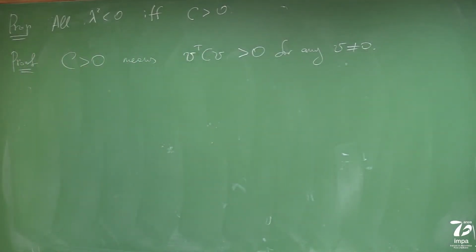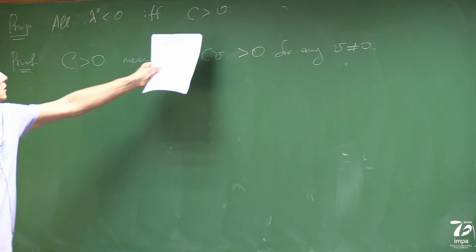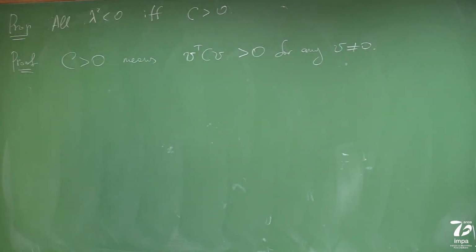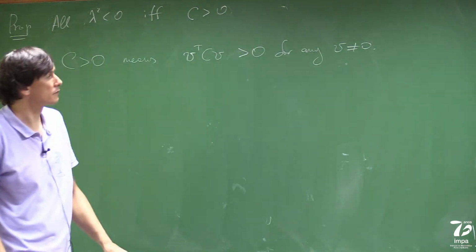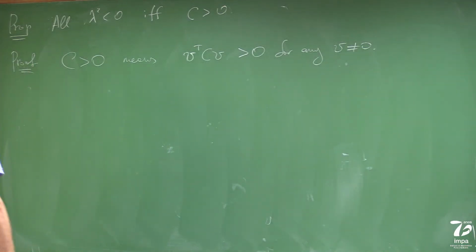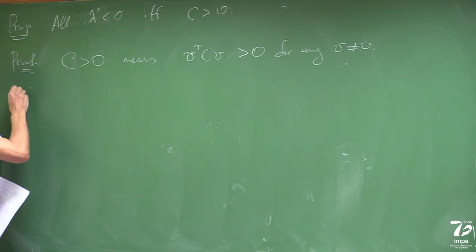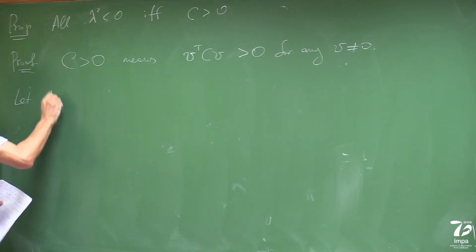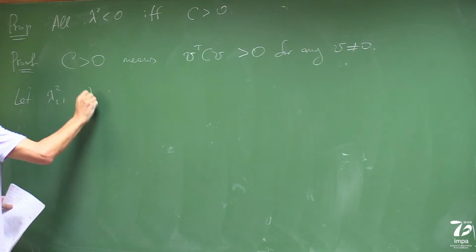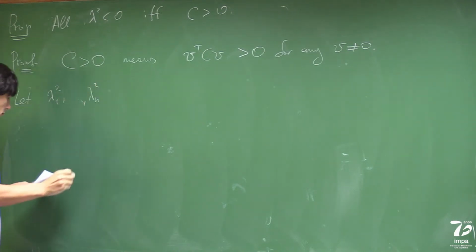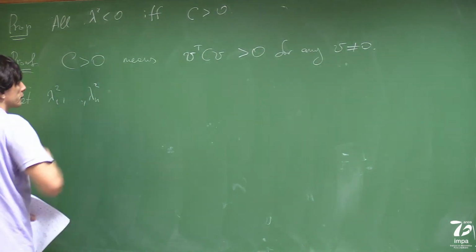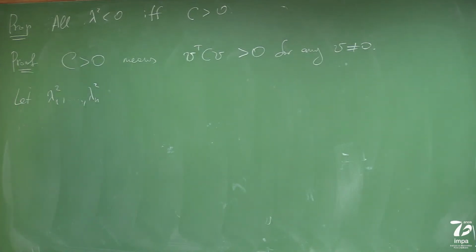This is what this means, and this is equivalent to asking that all eigenvalues have negative squares. Okay, so how do you prove it? So the proof is the following. Let's consider all eigenvalues. So all squares. So they are all negative, right?